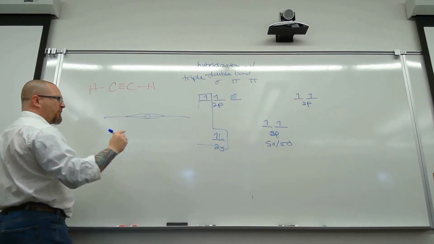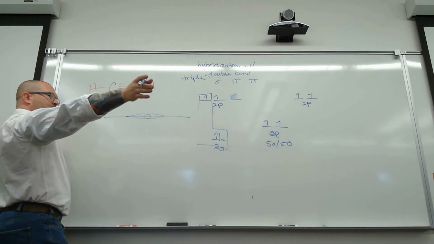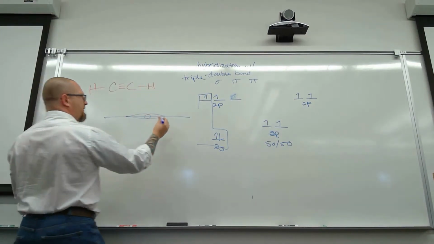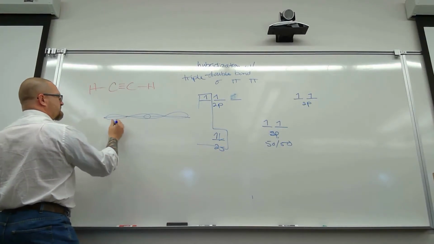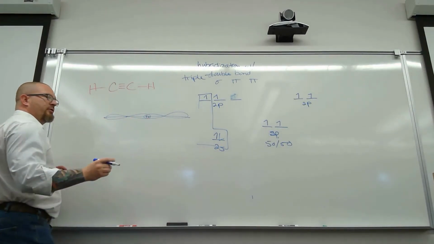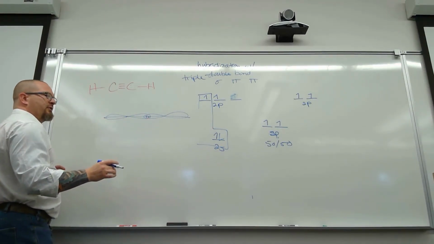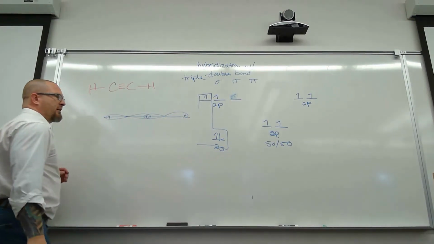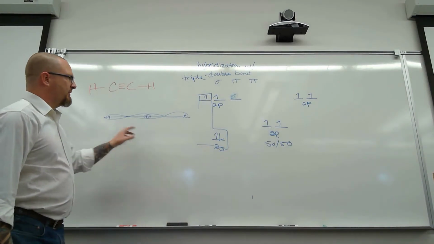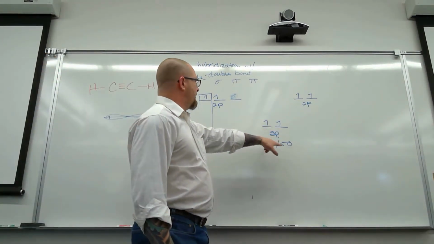And there's two hybrid orbitals that are 180 degrees away from each other because of VSEPR rules. So we're going to share those two electrons in this first sigma bond, and then we'll have an unoccupied or non-bonded lobe here.